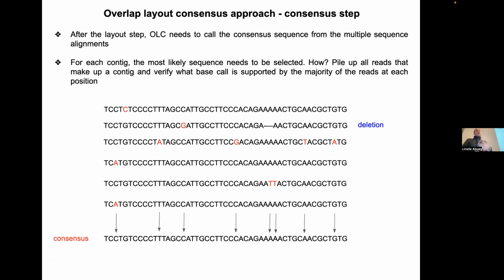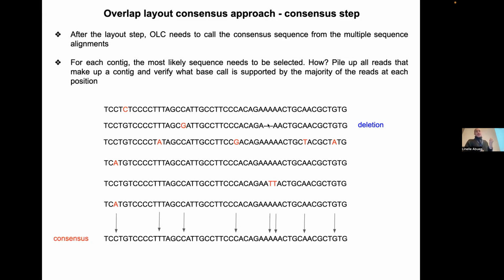Here is the final step of this OLC, which is the consensus step. Here you can see that, of course, we still have some errors. So for each contig, we need to select the most likely sequence because we still have this overlap graph, but it's not a final sequence. So what we do is we pile up all the reads that make up a particular contig and verify that each base call is supported by the majority of the reads.